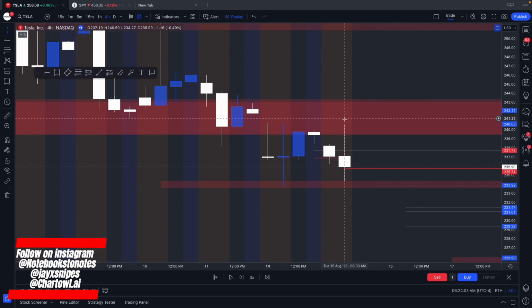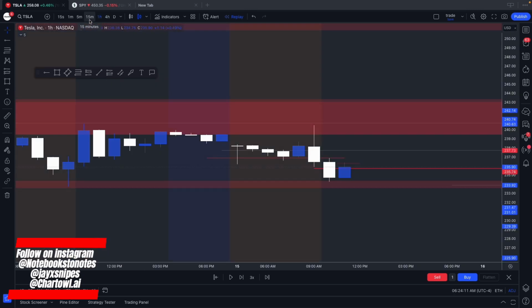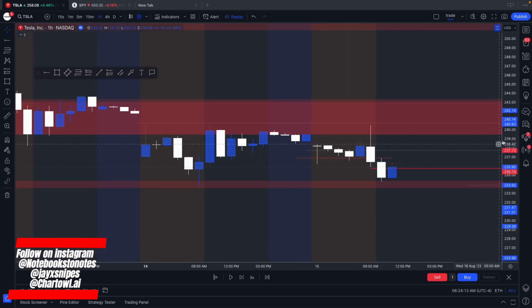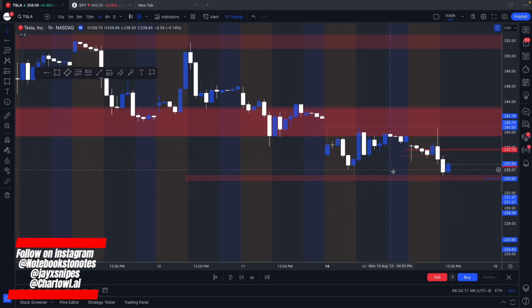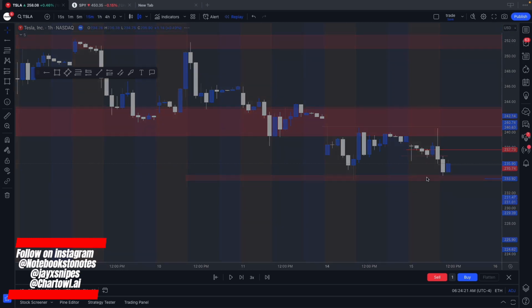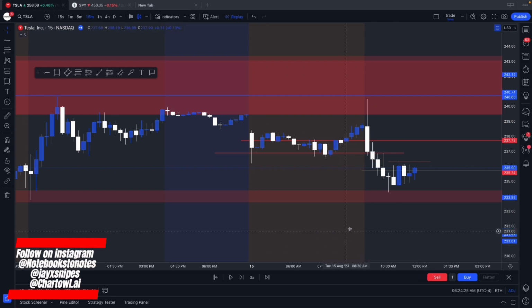The 4 hour shows you that the buyers tried to step in and it got immediately rejected once they got into that supply zone, right? And as you can see, we break down to the 1 hour. As you can see, the sellers are coming in. They're stepping in, and the buyers are trying to buy again. Since we're on the 1 hour, 15 minutes from the 4 hour, you can consider this a support zone, right?